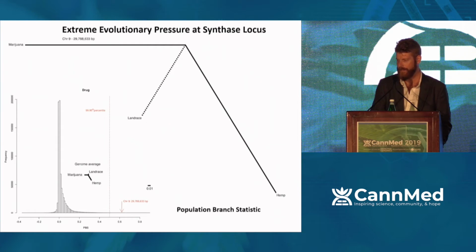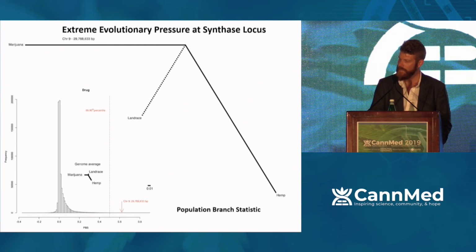It's an extreme outlier. When you look back at the histogram that shows the distribution of branch lengths in the marijuana line, I've indicated the 99.95th percentile in the dotted line, and shown with an arrow where the synthase locus lies in that distribution.